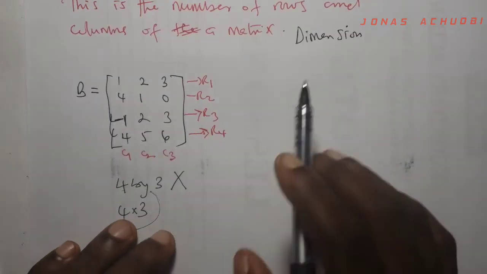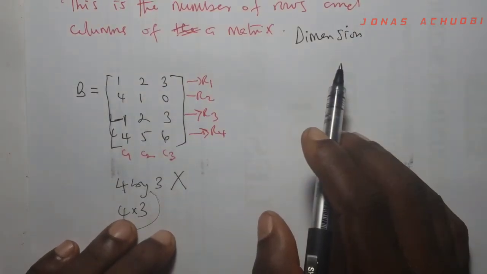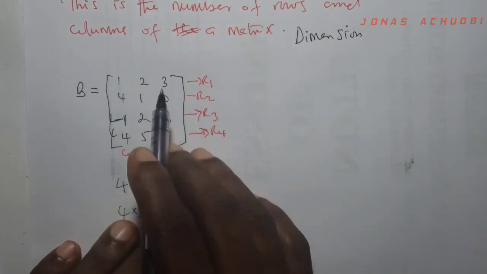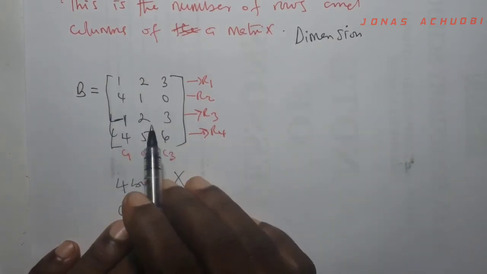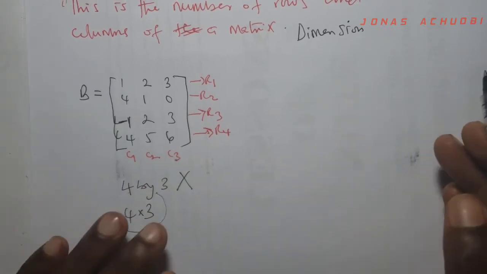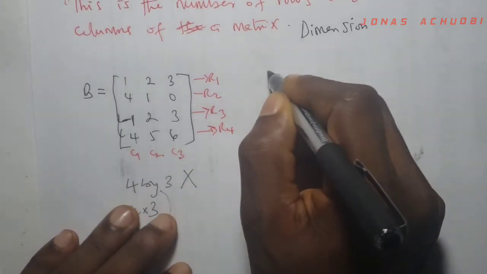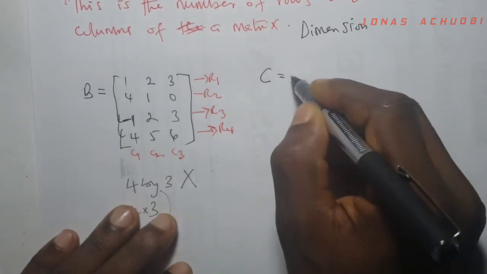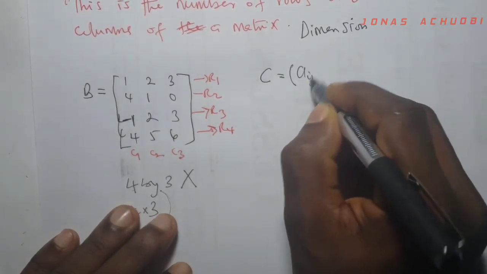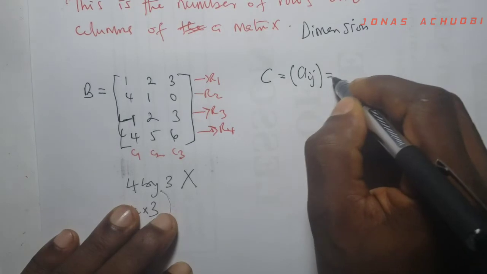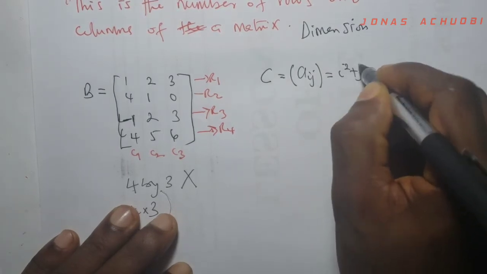Now, there are times where one may not want to write out all the entries of a matrix in this way, and instead we write it out in a more compact form. For instance, if we say that matrix C is equal to the matrix with entries aij, and aij is equal to i squared plus j.